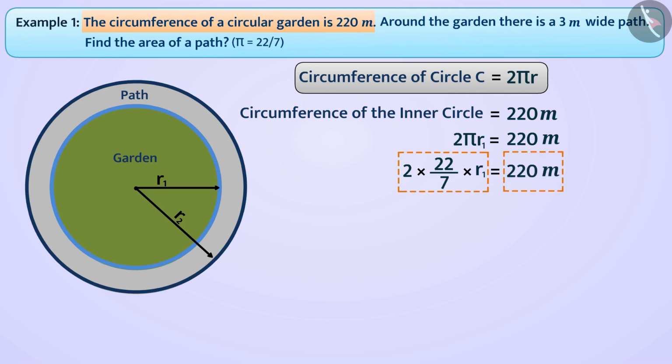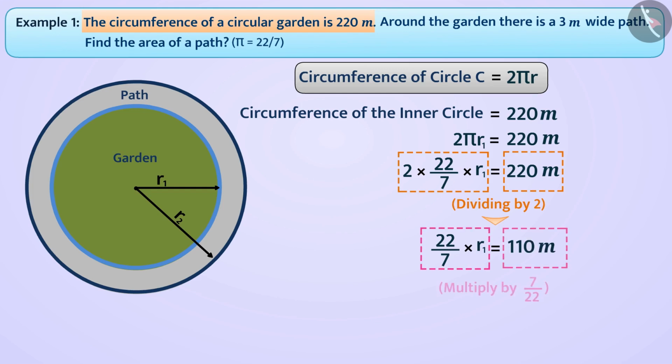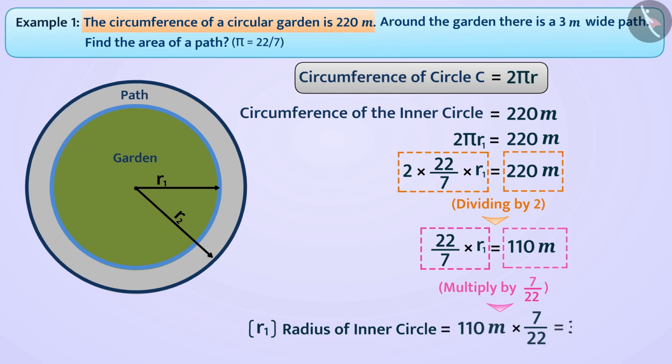By dividing both sides with 2, we get 22 by 7 multiplied by r1 is equal to 110 meter. Similarly, by multiplying both sides with 7 by 22, we will get r1, the radius of the inner circle, is equal to 35 meter.